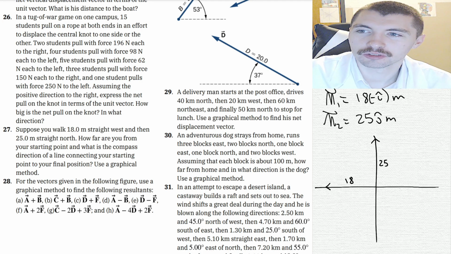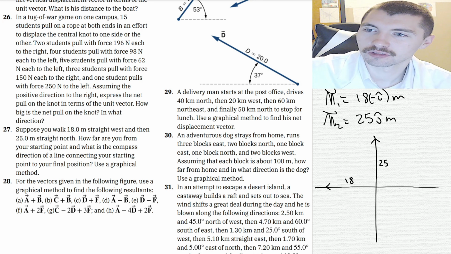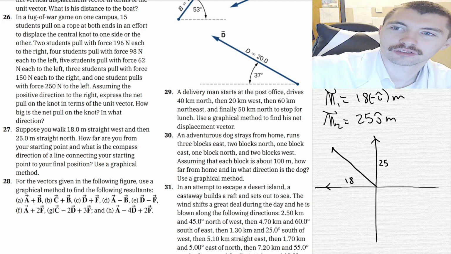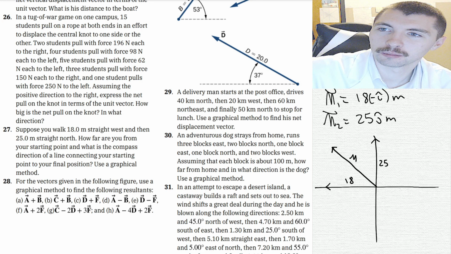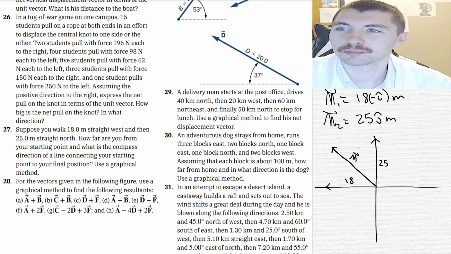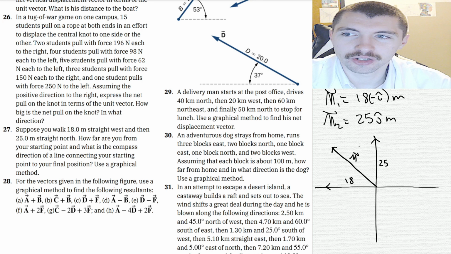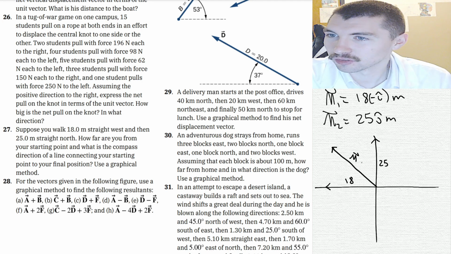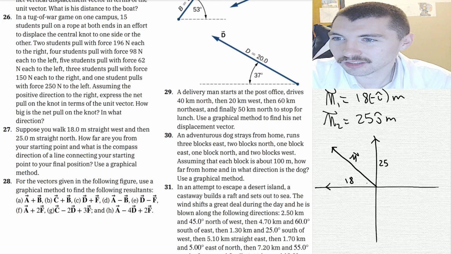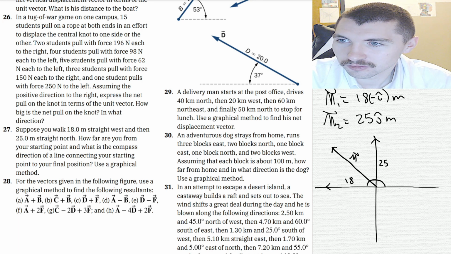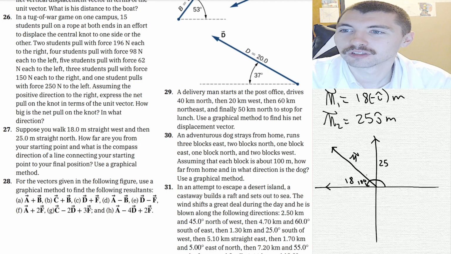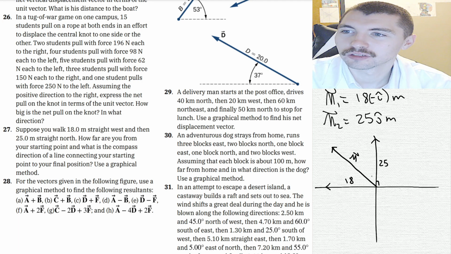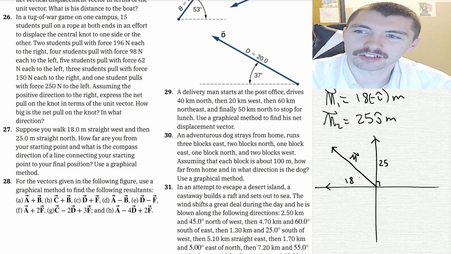We want to know this vector. We'll call it big M. Okay, so what do we know? We know the directions. This is 180. 25 J is 90. So this has to be 90 degrees, right?